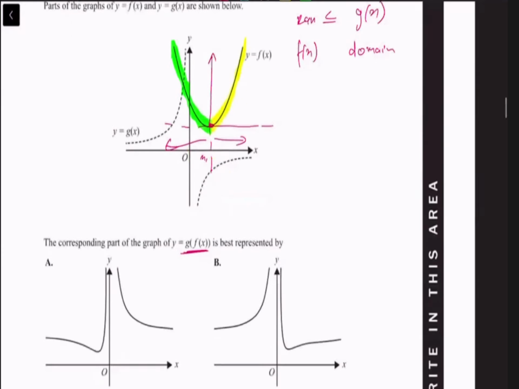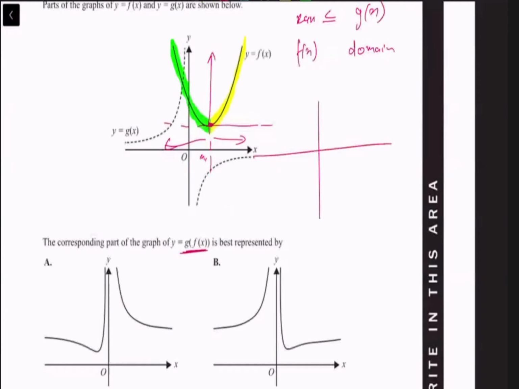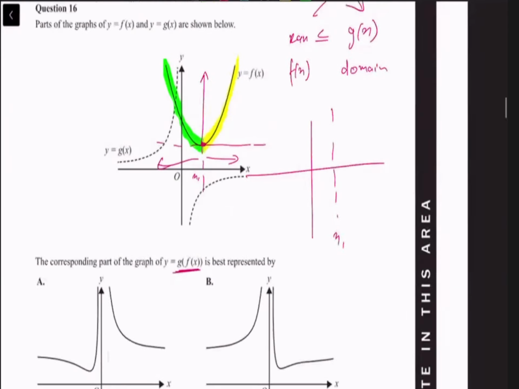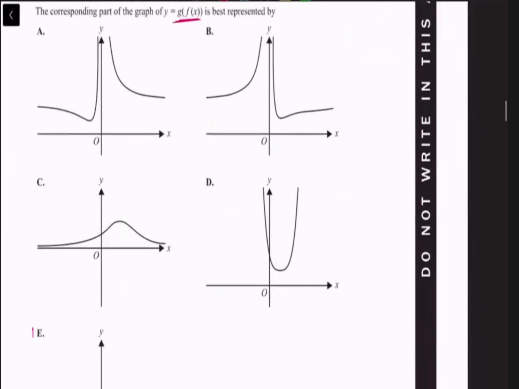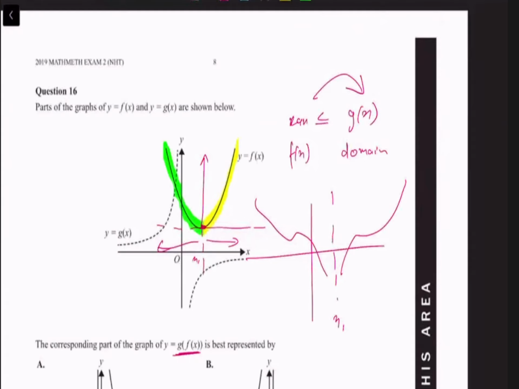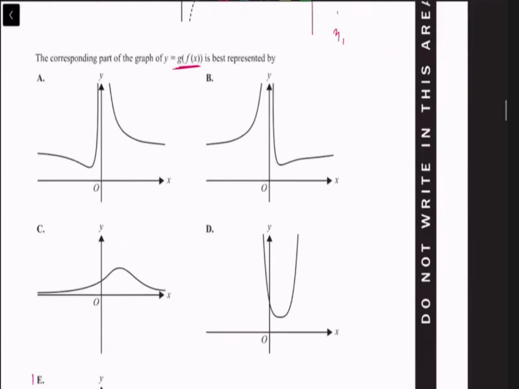So whatever gx is, it's going to be at x1 for gx, the right hand side and the left hand side where the axis of symmetry is at x1 is going to be the same. So that's based on the fact that the range of fx is the same for those values.